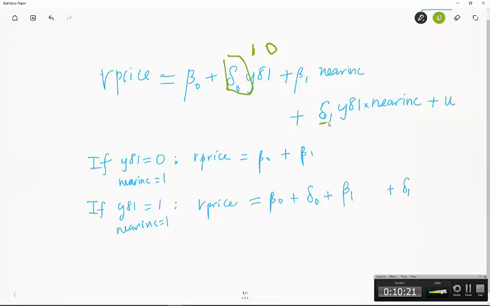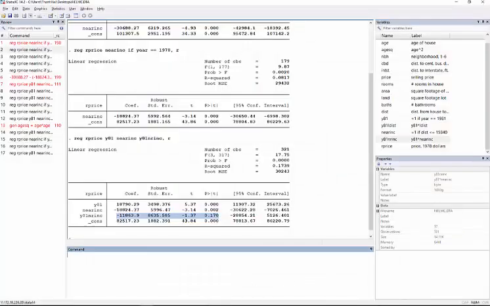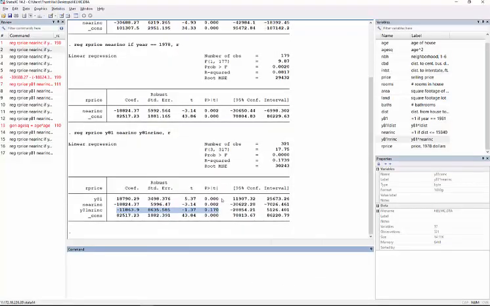We have discussed this earlier. Okay, in part E, you have to include other explanatory variables into the regression above.